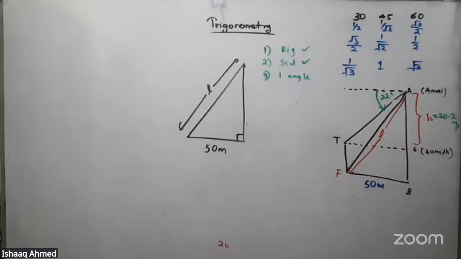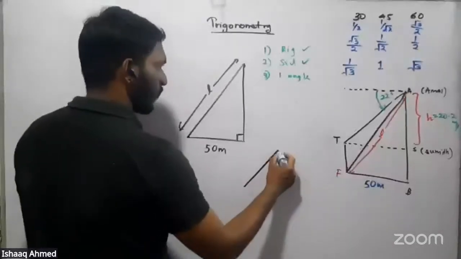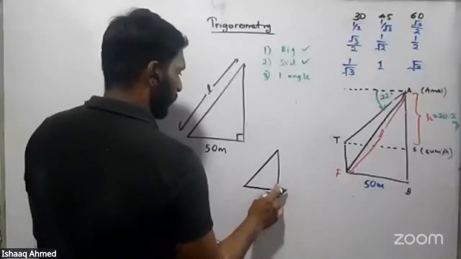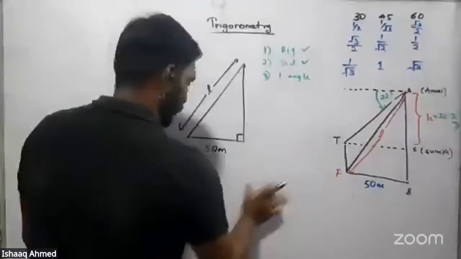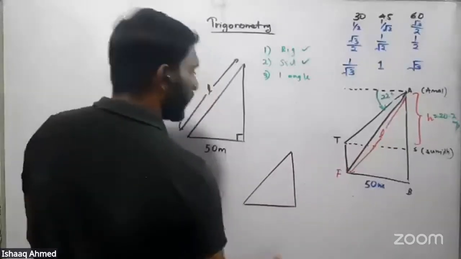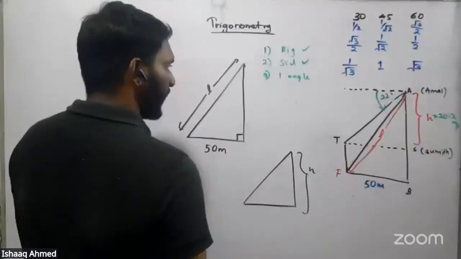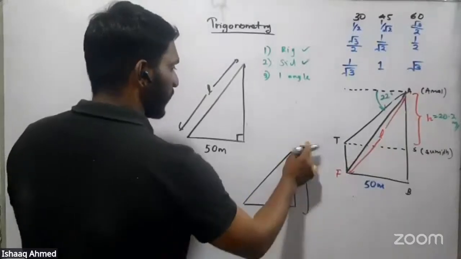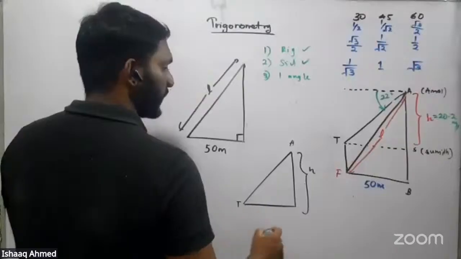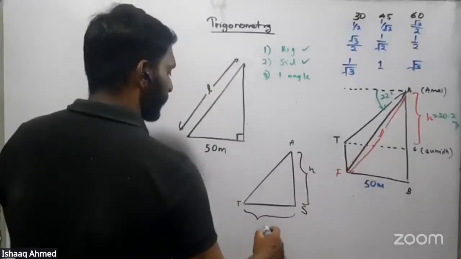So wait for a second. That means this is a triangle where this is H, and I name it A T S, and this value is 50.